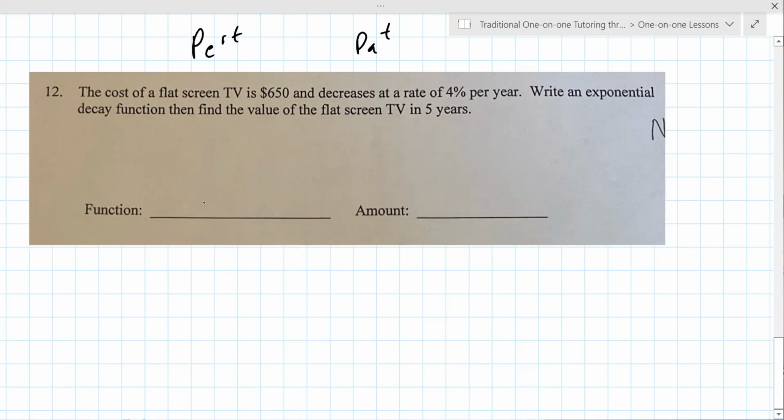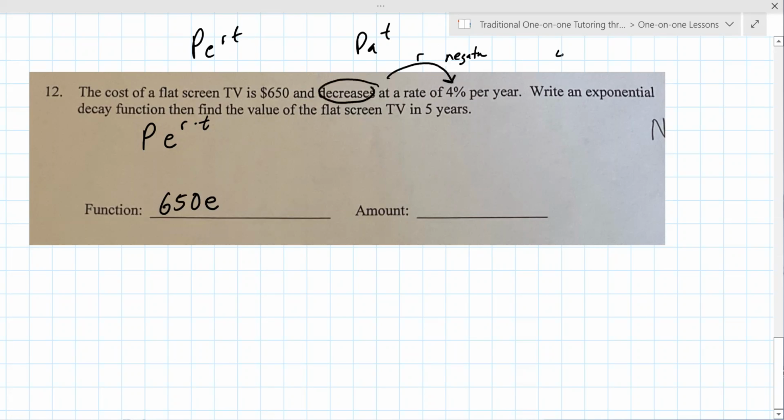Okay. So in the function, P is the starting amount, R is the rate of decrease or increase, and your variable is T. So in this problem, think of 650 as your starting amount. Now a decrease, the percent becomes negative, or R becomes negative as a result of the percent.